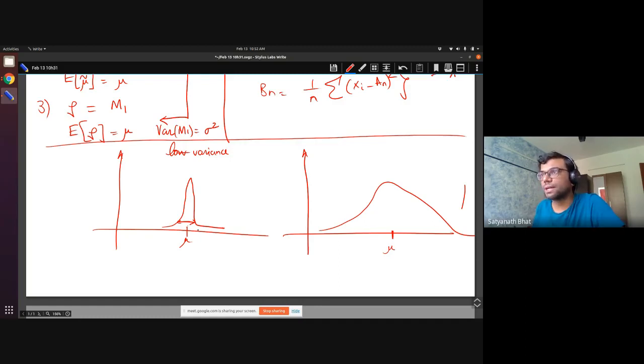Either you'll get this point, this point, or this point. But if you have less variance, your points will not be spread out too much from the mean mu. So low variance is always better, and that is what we are going to target. This is the reason why we choose low variance over high variance.